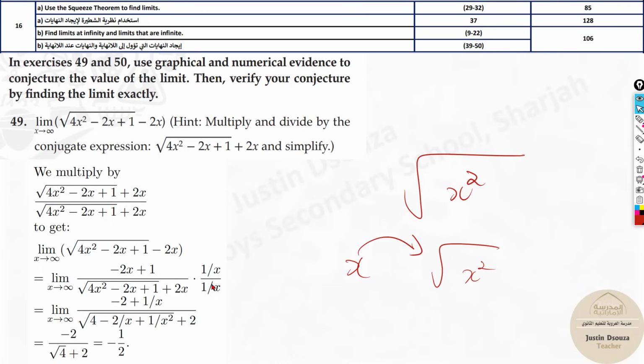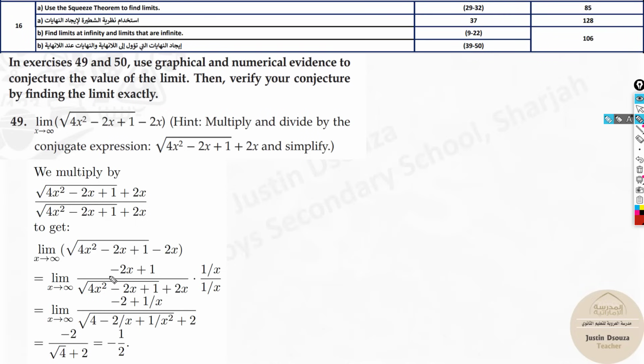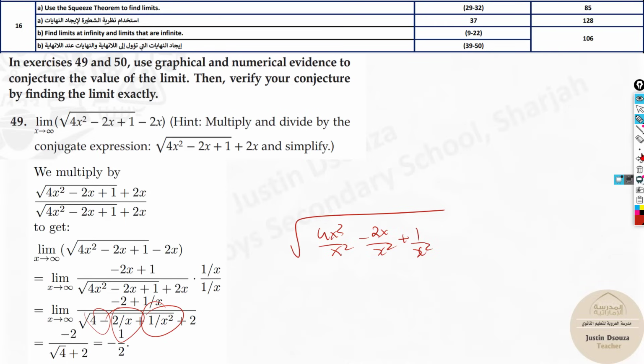So that's why, when you multiply this x inside, it will be divided by x squared. So in the square root, what happens is 4x squared divided by x squared, minus 2x by x squared, plus 1 by x squared. And therefore you are remaining with 4 minus 2 by x plus 1 by x squared. Now just apply the infinity everywhere.